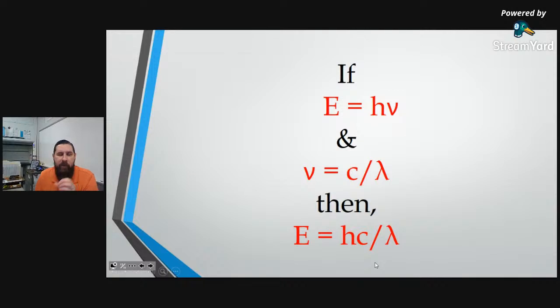We can start out with a wavelength, and you can do a two-step problem where you first use the wavelength to determine the frequency using lambda nu equals c like we did previously, or you can use this derived equation that energy equals hc per lambda, and that's what we're going to do right now.